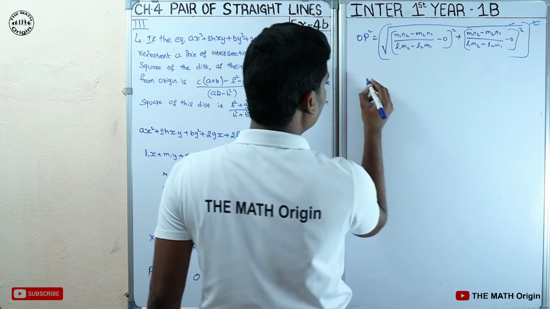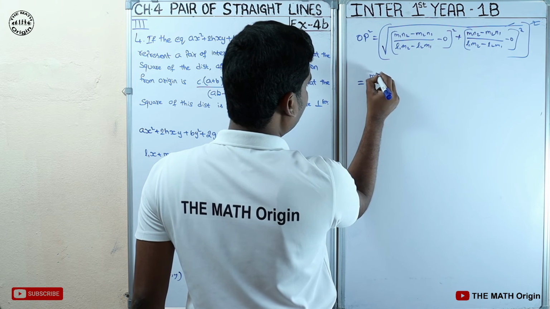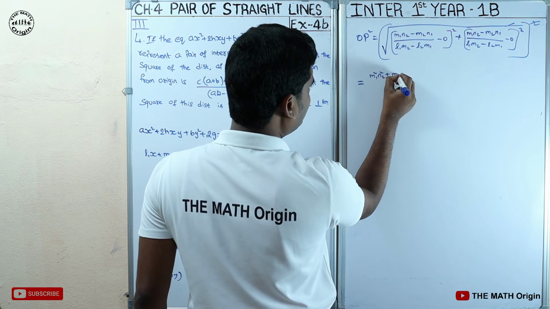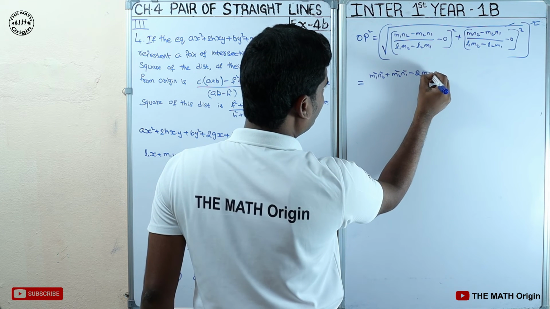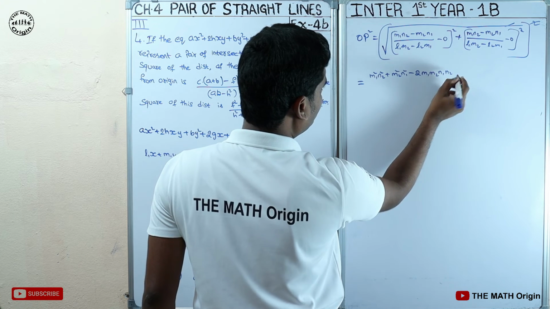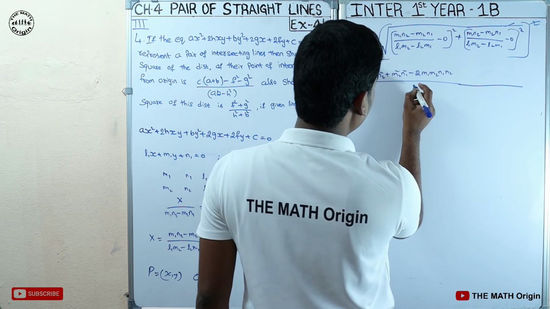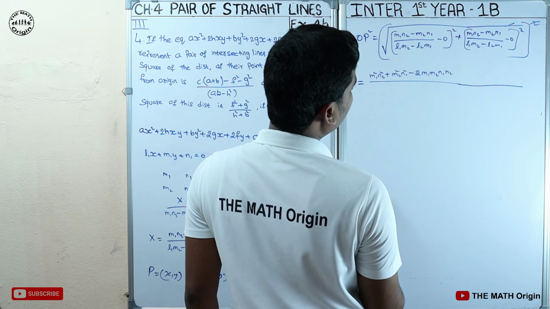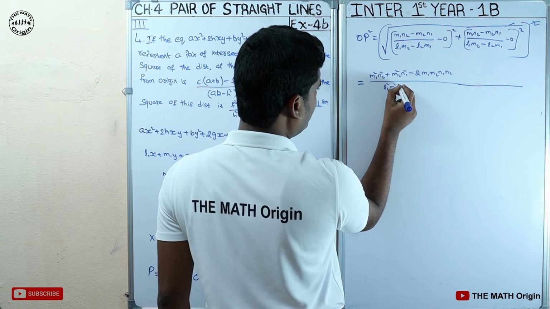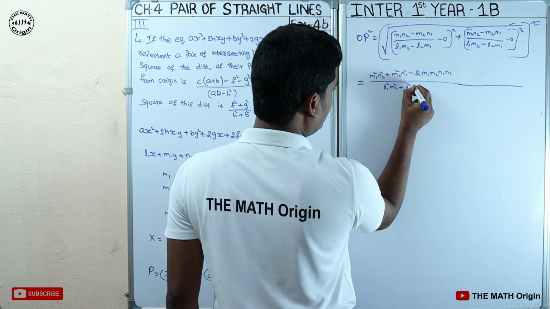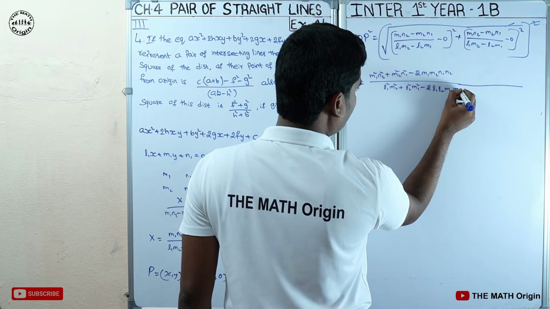So the root will be cancelled by the square, and from this the value is m1 square n2 square plus m2 square n1 square minus 2 m1 m2 n1 n2 by, completely we will have the total, L1 square m2 square plus L2 square m1 square minus 2 L1 L2 m1 m2.